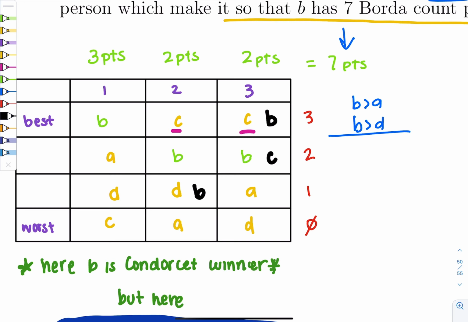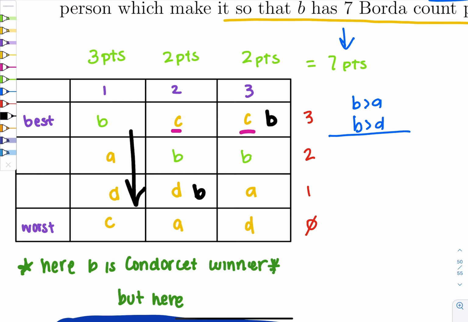If we had B get ranked first by 1 and 3, and then down here, it would still equal 7 points. You would have 3 points here, 3 points here, and 1 point there, totaling 7 points. And because B would be ranked above all the other ones, pretend that this is a C, it would be the Condorcet winner.